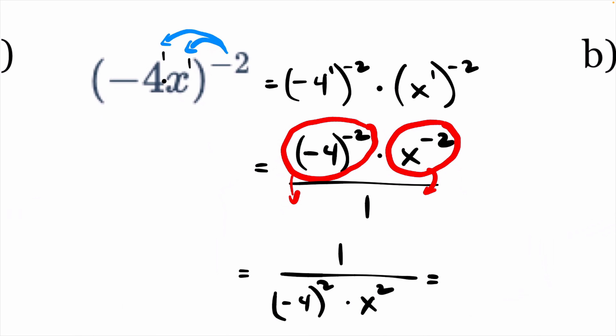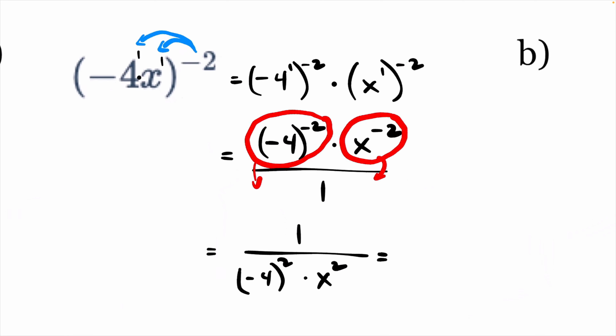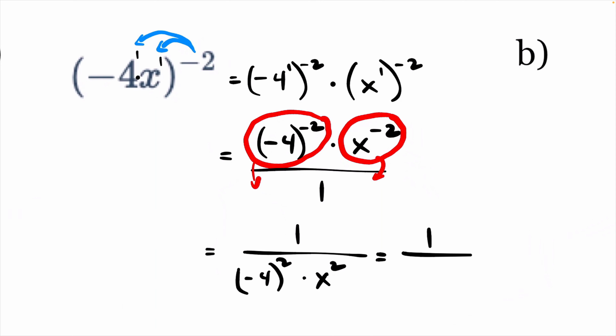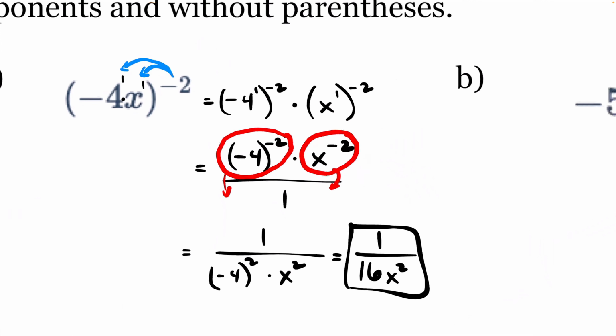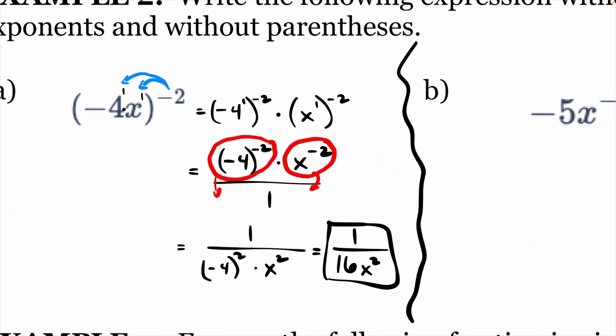But the 1 up here, because if it goes away, there always has to be something there. Okay, so what is negative 4 squared? What is negative 4 times negative 4? Positive 16, right? So multiply, simplify, and you're done.